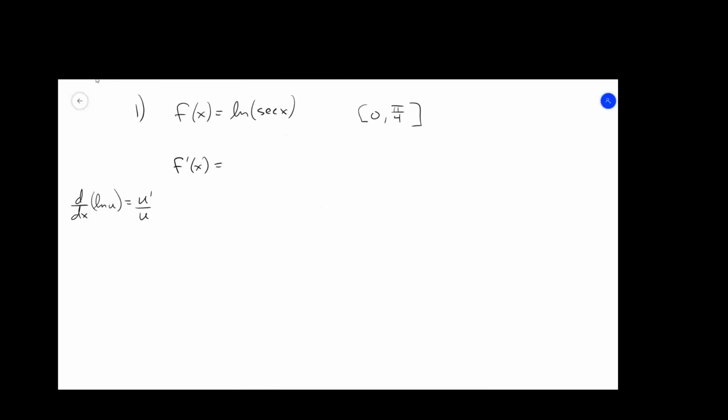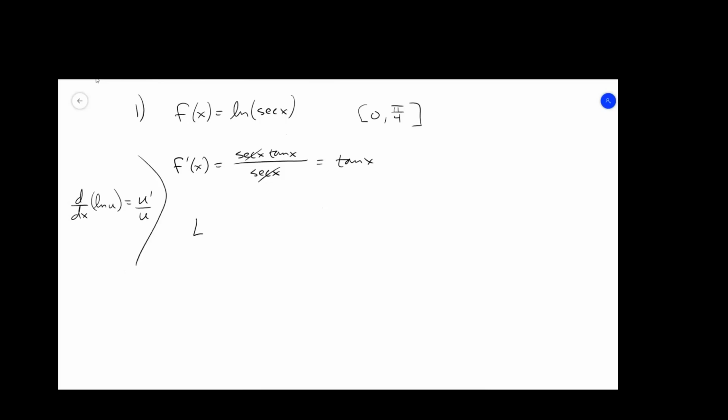So in this case, u is secant, so u prime is the derivative of secant, which is secant tangent, and then divided by u, which is just secant, right? So you can see why they chose this particular function, because the derivative actually ends up being easy, just tangent. And so now we need to plug this into the formula.